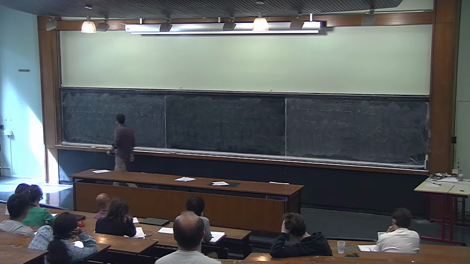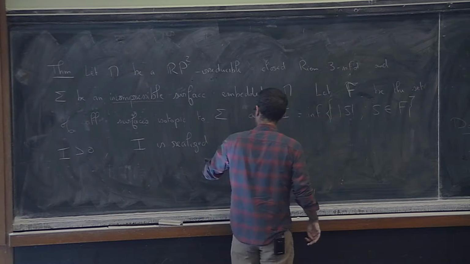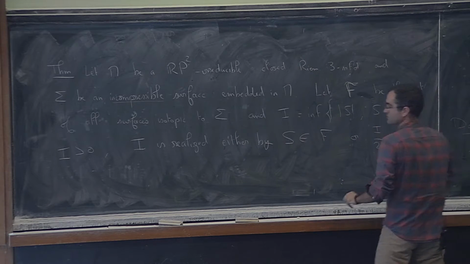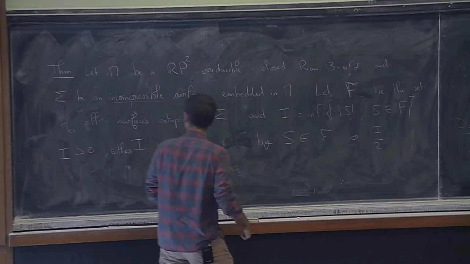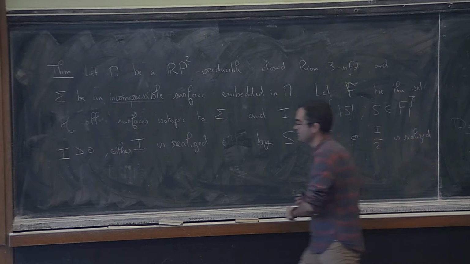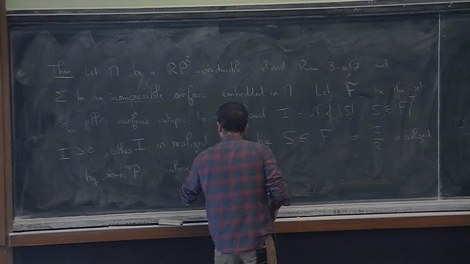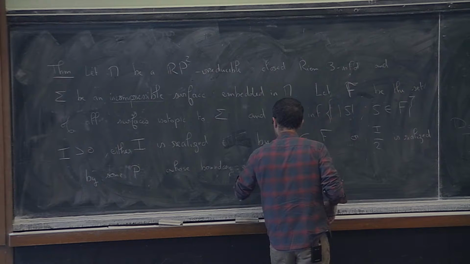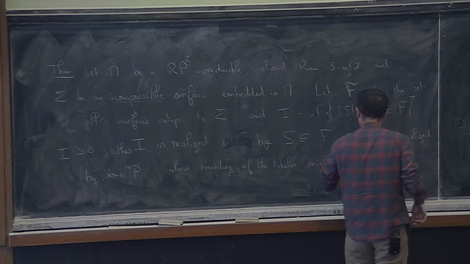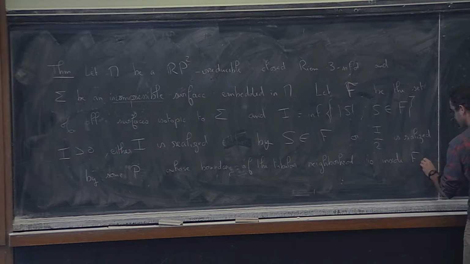Okay, so you have this, so I is positive, and I is realized either by S in F, or I over 2 is realized by some P whose boundary of the tubular neighborhood is inside F. Okay, it's exactly the same picture.